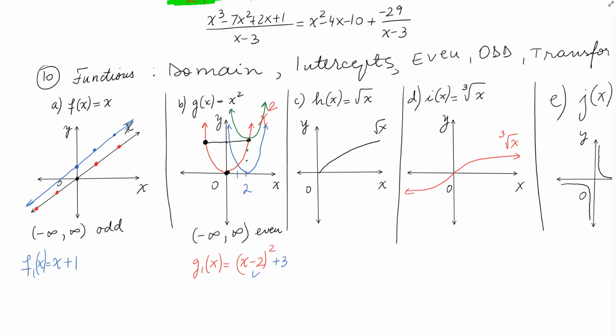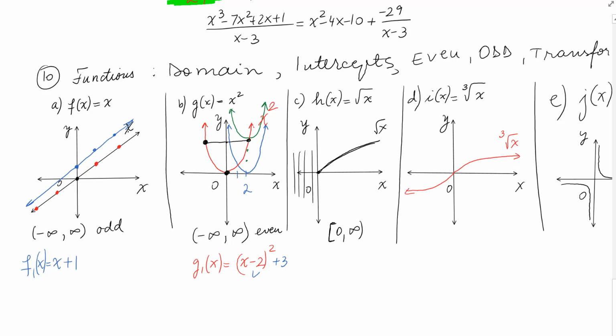Let's take a look at h of x equals square root of x. The graph is this curve, and it starts at the origin. So the domain is going to be 0 to infinity. Why 0 to infinity? Because there is no graph on this side of the y-axis. 0 is included with a bracket because I can have the square root of 0.